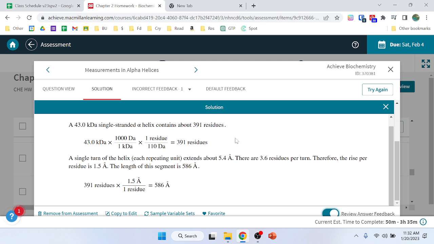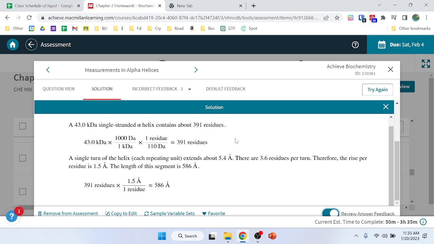So we have 391 residues. If you remember the periodicity we talked about for the alpha helix, this is related information, and it's in that same part of the book, okay? So a single turn of the helix, our repeating unit of the helix, is going to be 5.4 angstroms along. There are 3.6 residues per turn.